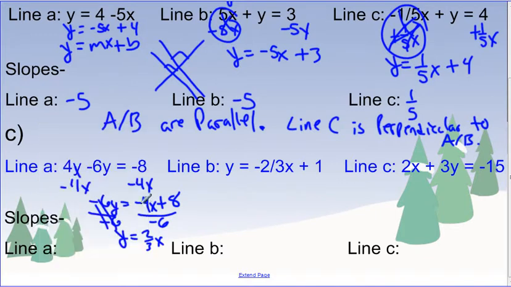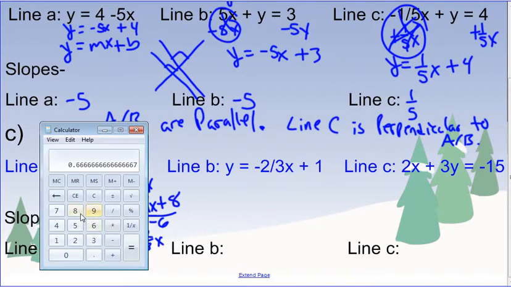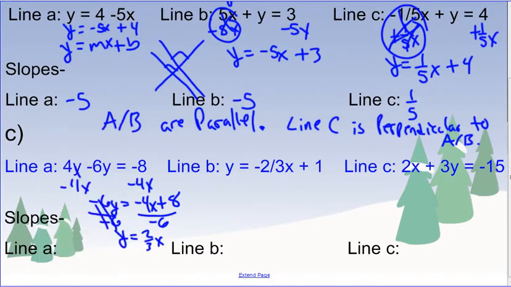So simplify the fraction. Same thing over here. 8 divided by 6 does not divide evenly. So we're going to leave it as a mixed number. It'll be a -4/3. So the slope out of this was 2/3.